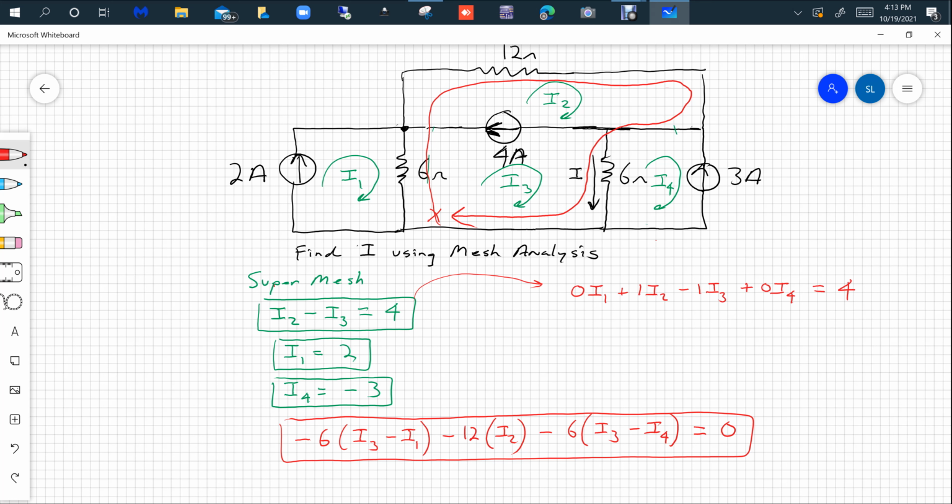So I get a 0 I1 plus 1 I2 minus 1 I3 plus 0 I4 equal 4.